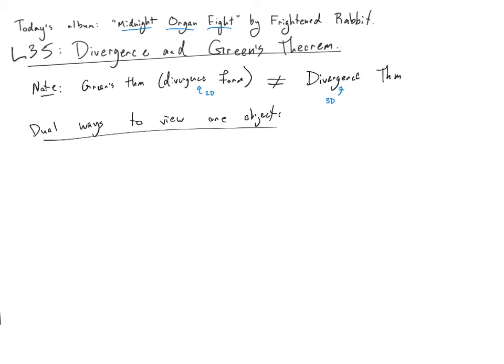So, for instance, we said that a line, let's say this is my line L, we could view this line as being vector valued, so it's parameterized by some point on the line, so if this is A, and V goes along the line, then you might get a vector valued form of the line, A plus tV.